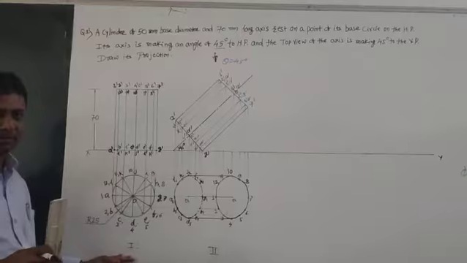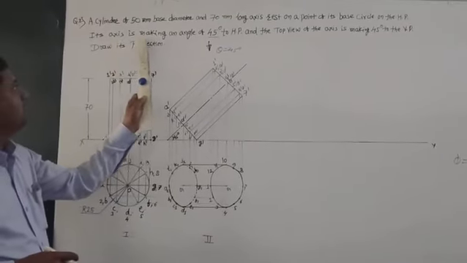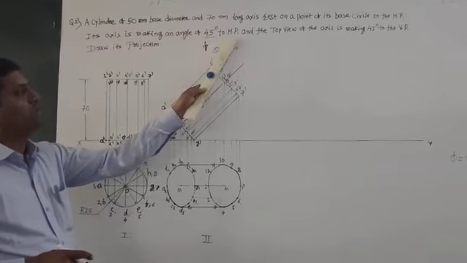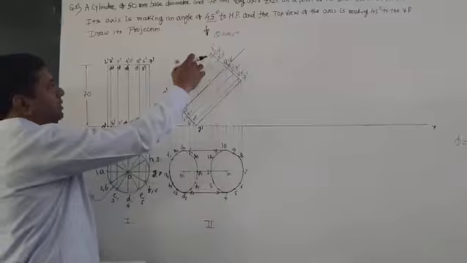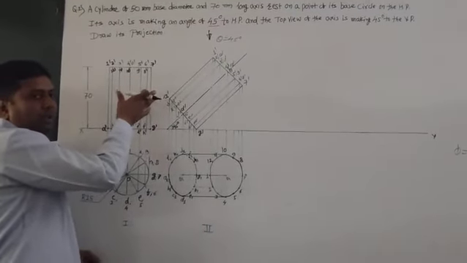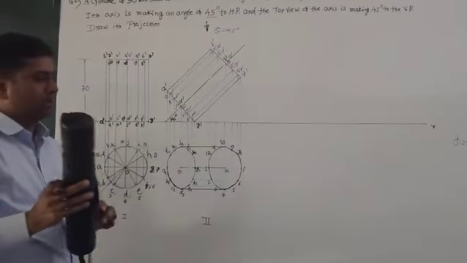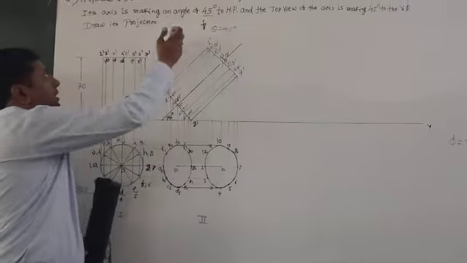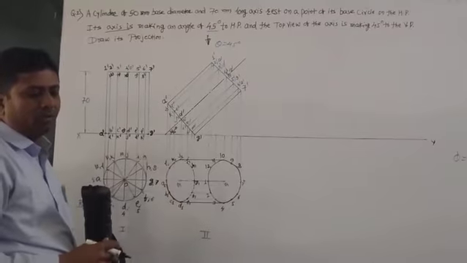It is having marks. Then the next stage says that its axis is making an angle of 45 degrees to the HP. So whatever angle is mentioned to the HP, you have to show here. That means the front view is rotated with the axis. So here it is mentioned, the axis is making an angle of 45 degrees.